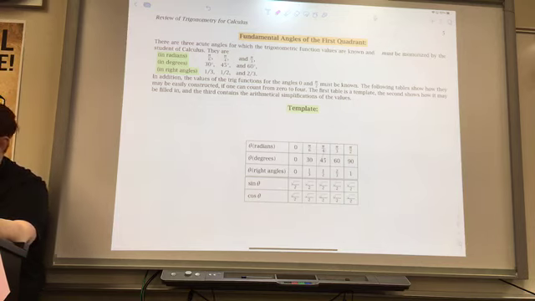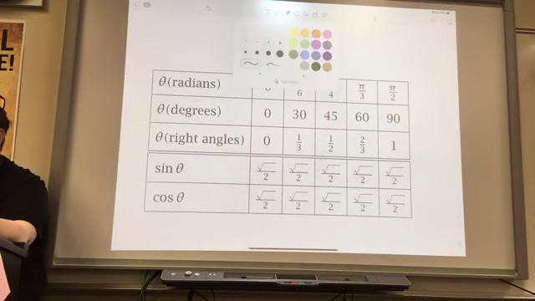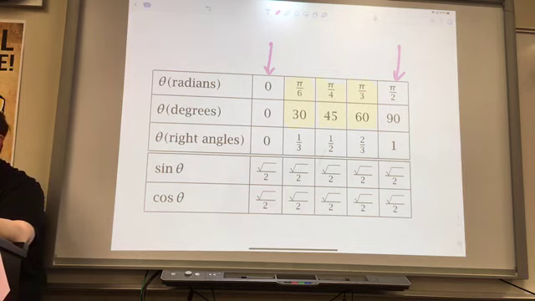What I do is along the top, I put pi over 6, 30, pi over 4, 45. We'll fill ours out in a second, I'll show you how I do it. Pi over 3, 60. Now, I don't include those on the chart, but they follow the pattern, so it's kind of cool if we check it out right here.